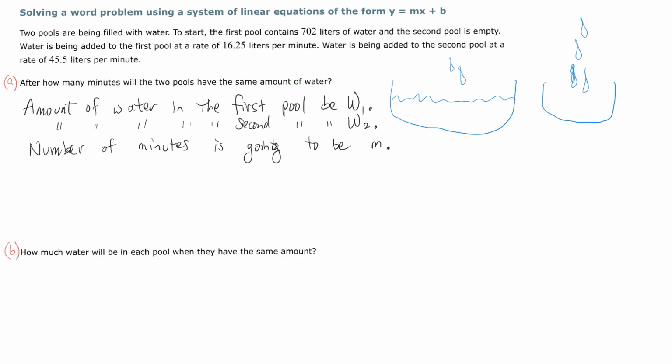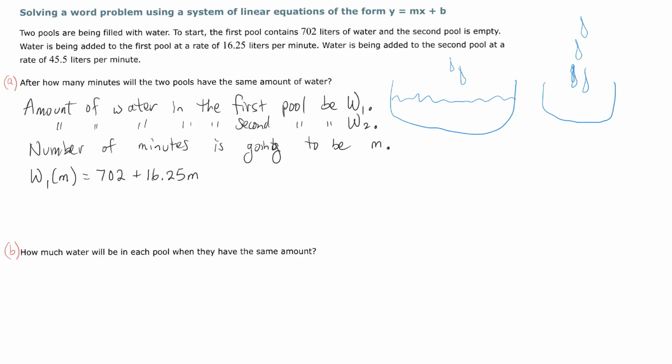We're going to write W sub 1 of m is equal to, starts off with 702 liters of water, and then for every minute, we're going to add 16.25 liters. So there is the function for the amount of water in the first pool.